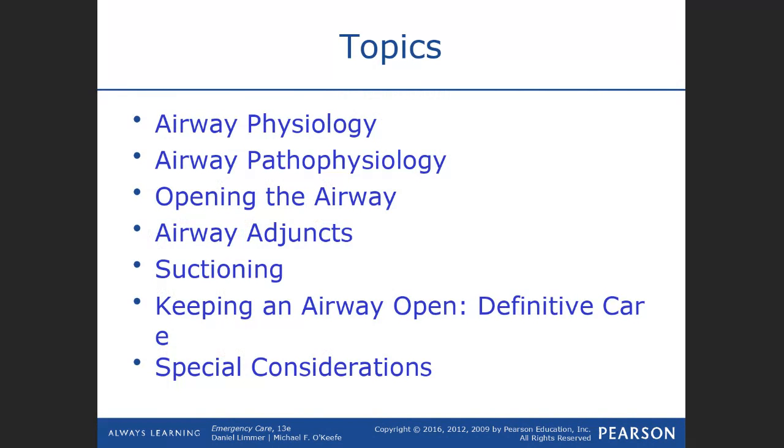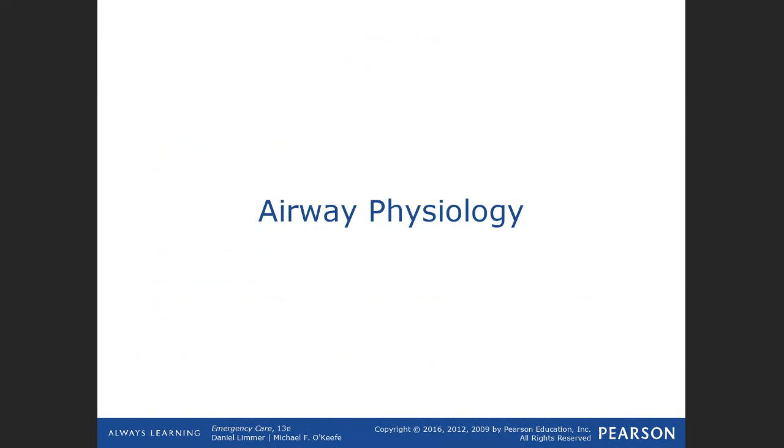All right, so topics that we'll be looking at: airway physiology, airway pathophysiology, opening the airway, airway adjuncts, suctioning, keeping an airway open, definitive care, and special considerations. All right, so let's review the airway physiology.